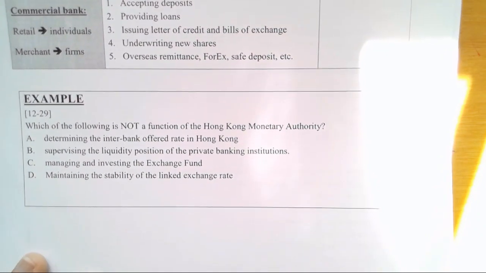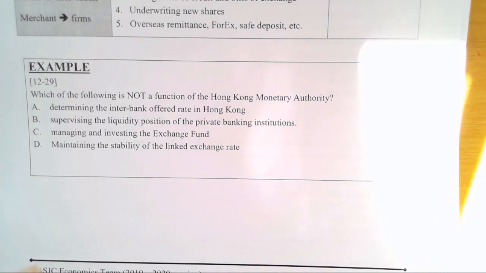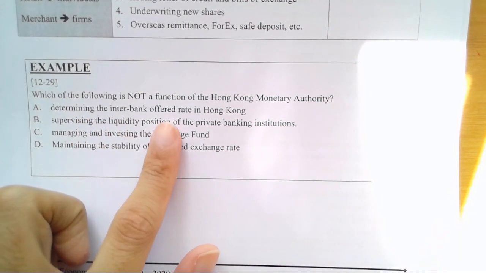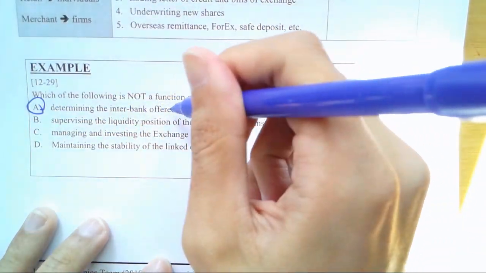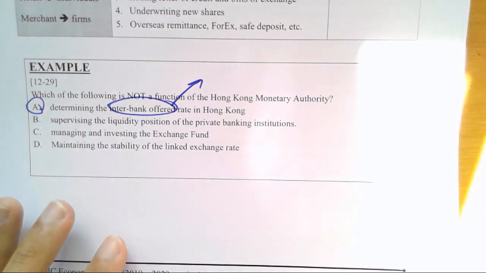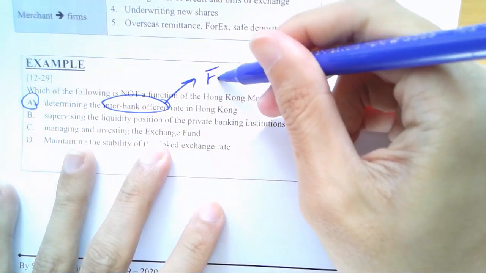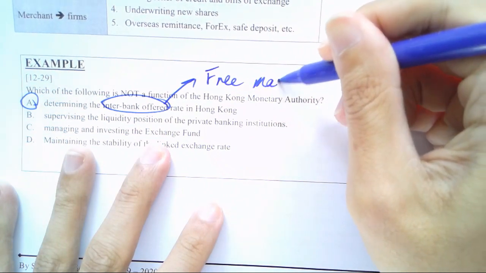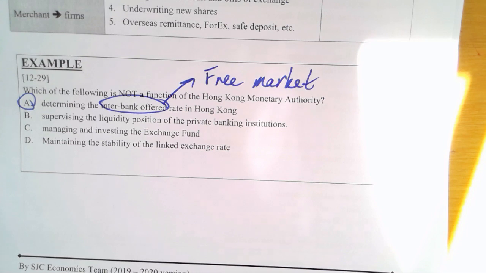Now, here, let's look at one example. Now, which of the following is not a function of the HKMA? Let's see. Okay. Now, first of all, determining interbank offer rates in Hong Kong. No, this is not HKMA. When we talk about interbank offer rate, okay, now this is from free market. The banks will settle the rate by themselves.